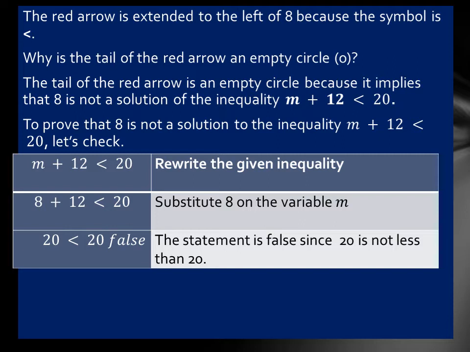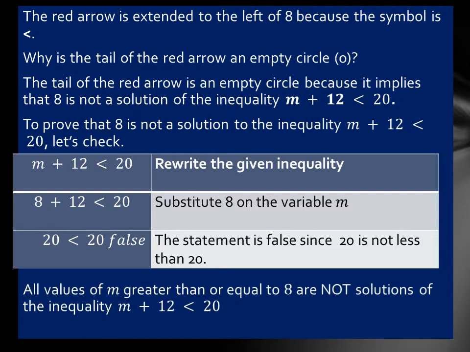So the statement is false, because 20 is not less than 20, rather it is equal. So all values of m greater than or equal to 8 are not solutions of the inequality m plus 12 is less than 20.